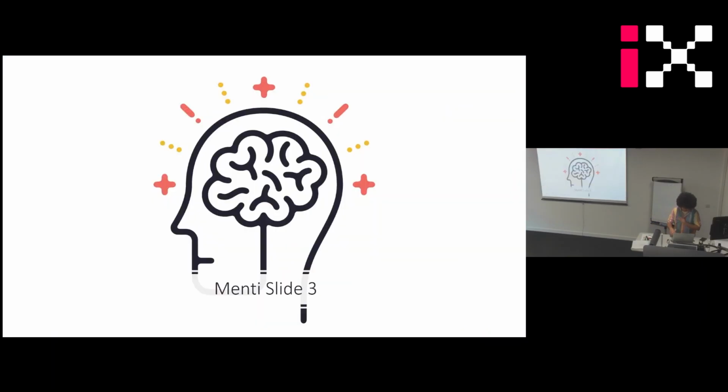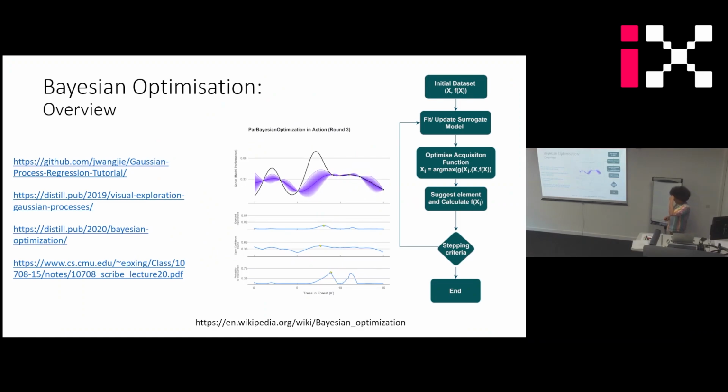So going back, Bayesian optimization is an optimization approach where you use Gaussian processes to give you the possible functions that would fit the initial points that you have. You start with the initial data set that gives you x and f of x, and you fit your surrogate function.